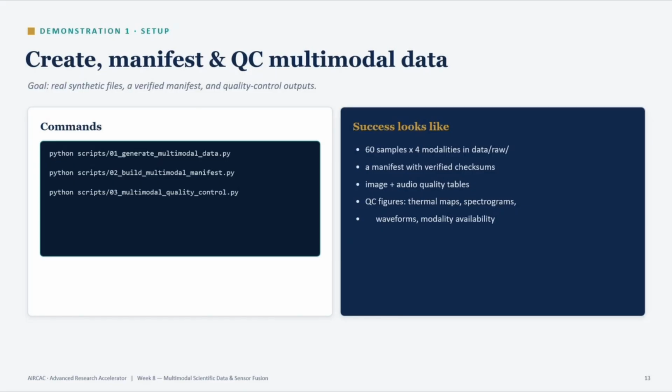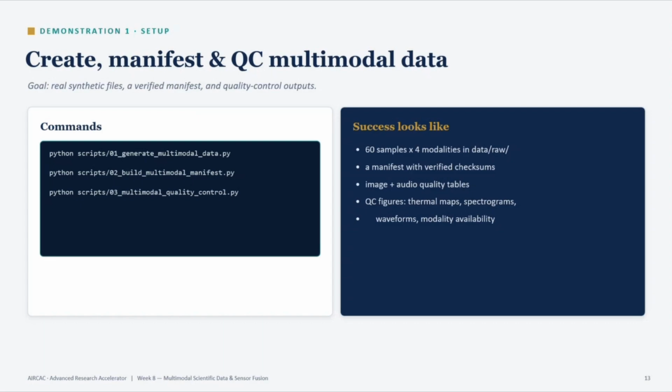Our expected results will be 16 representative multimodal samples containing sensors, image, audio, and also the text information. We should also obtain our manifest checksum, image quality table, audio quality table, thermal maps, spectrograms, waveforms, and the modality availability figure.